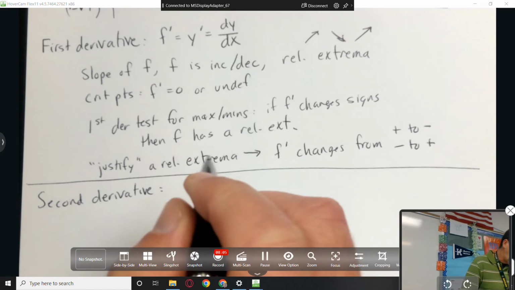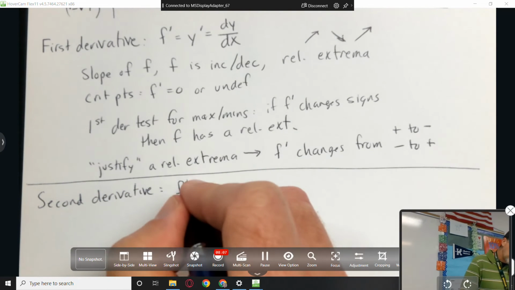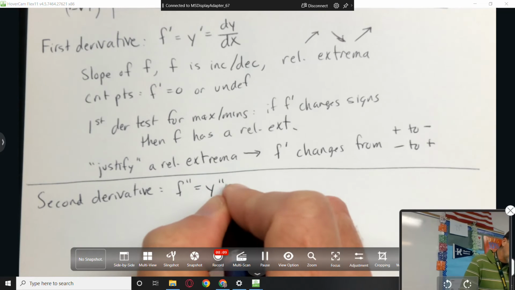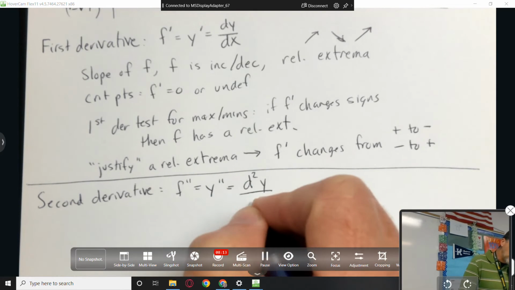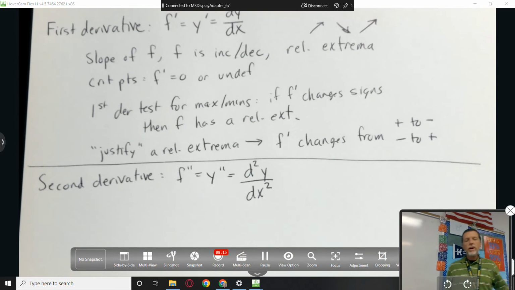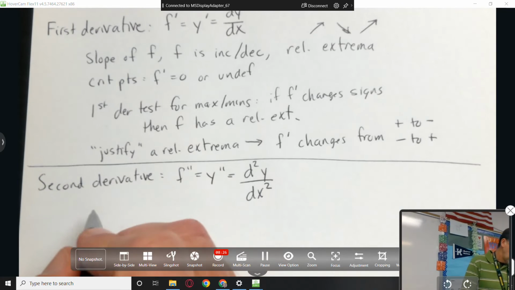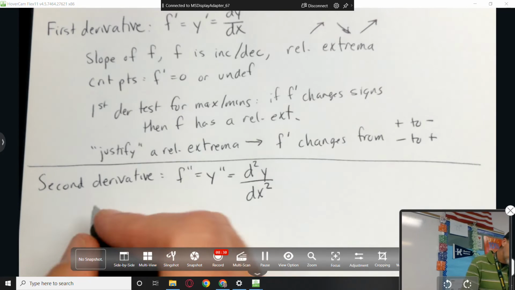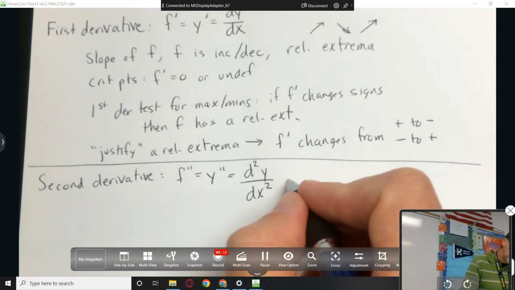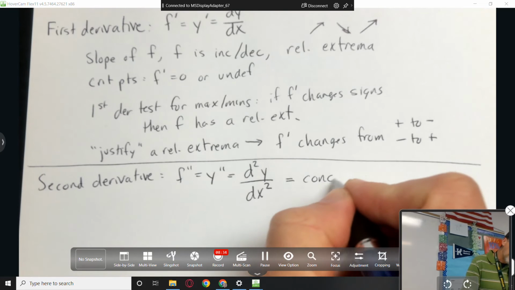Second derivative. So f double prime or y double prime or d squared y over dx squared, second derivative. The second derivative tells you concavity of f.